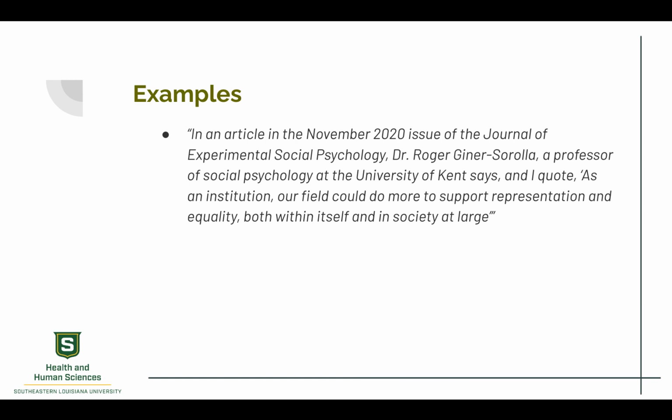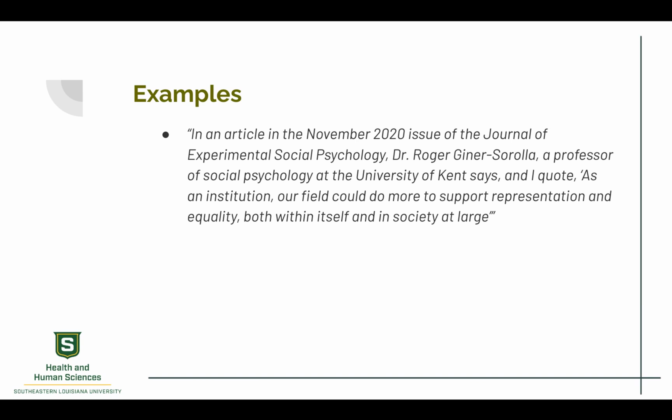It includes the name of the journal, Journal of Experimental Social Psychology. It includes the name of the author, and also a few more details about the author, such as his job title and the school where he works, or his employer.